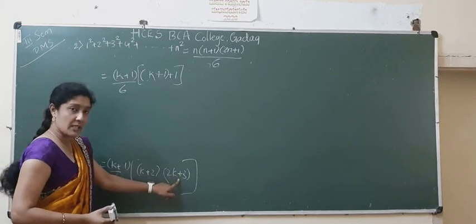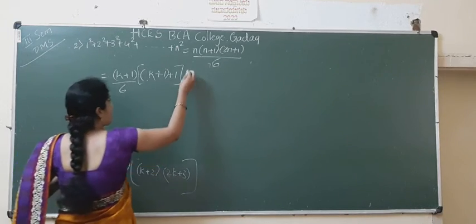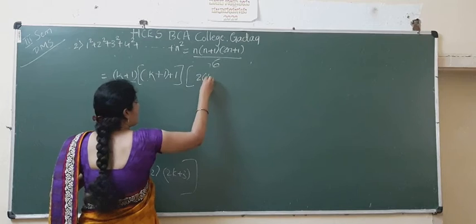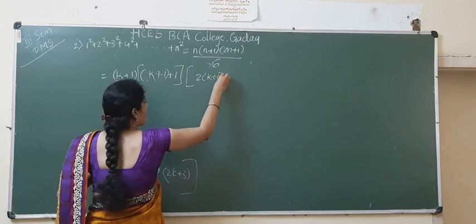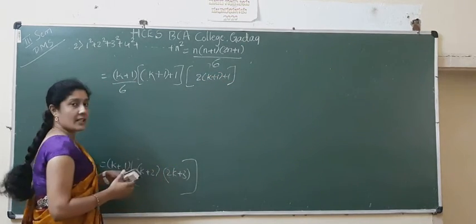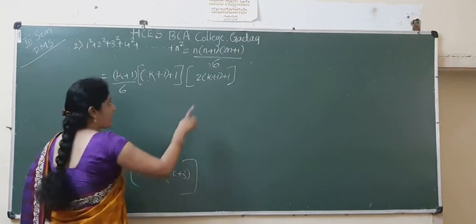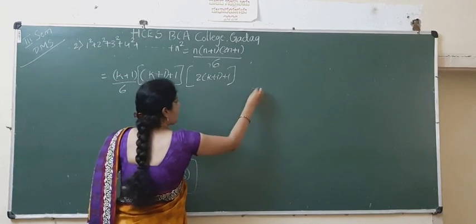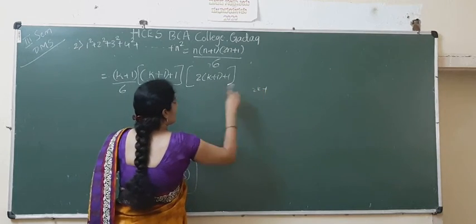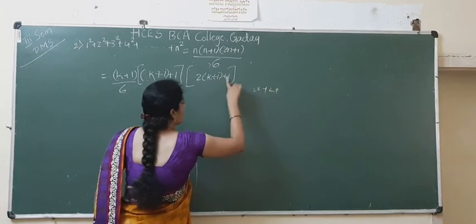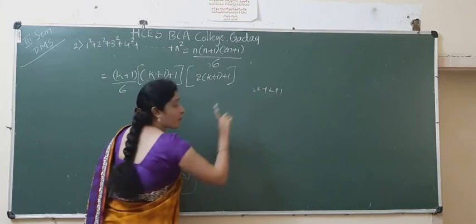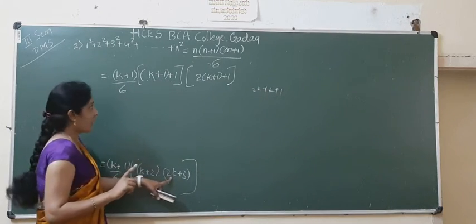Next, 2k plus 3 I write it as 2 into k plus 1 plus 1. See, if you multiply this, you will be getting this one only. We will verify that. See, 2 into k, 2k, plus 2 into 1, 2, plus 1. So this is 2k plus 3. The same thing we are getting.